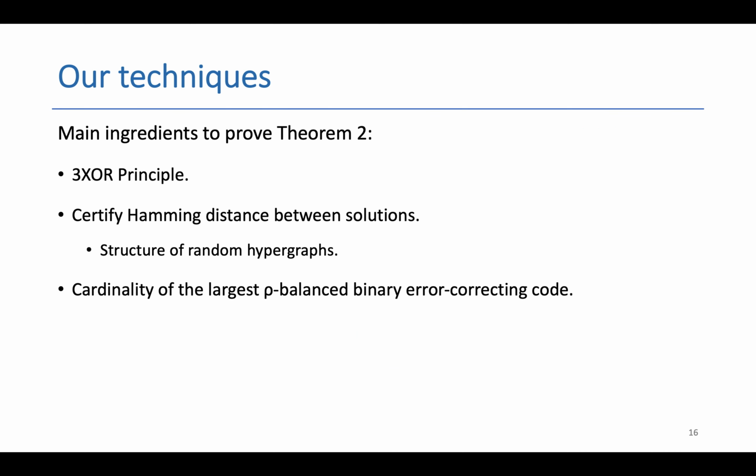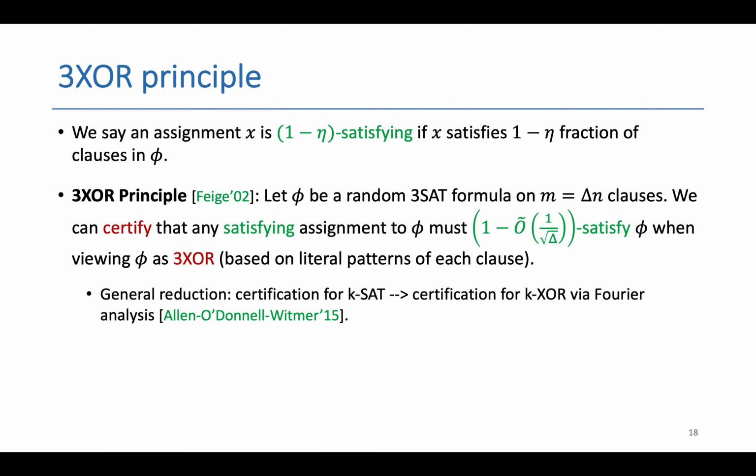So now let's go over some of the ingredients that we use to prove theorem 2. And the first ingredient is what we call the 3-XOR principle. So far we were talking about 3-SAT, but the 3-XOR principle tells us something nice about satisfying assignments in 3-SAT formulas which are fairly dense.